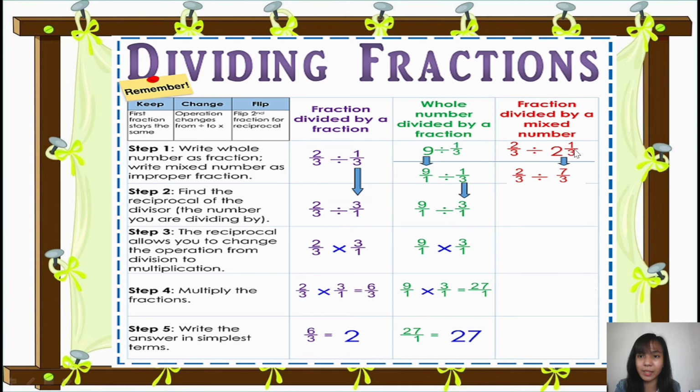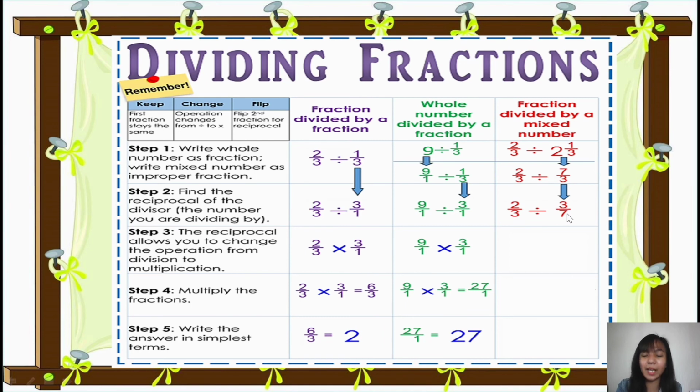Then copy the denominator 3. Alright? Now proceed to step 2. Find the reciprocal of the divisor. Again, the second number is the divisor. That's the only fraction that we need to switch. 2 over 3 divided by 3 over 7.